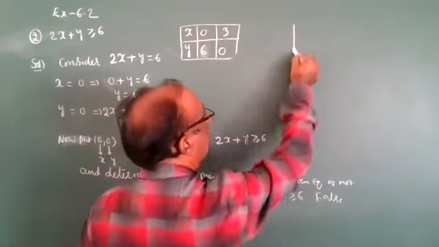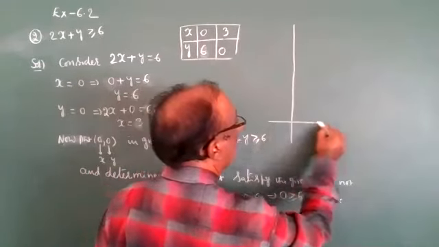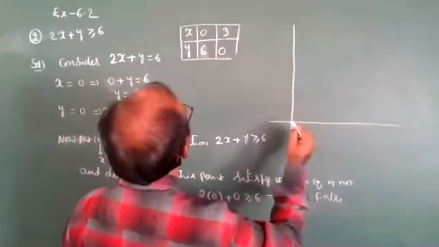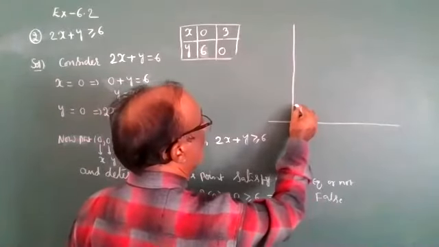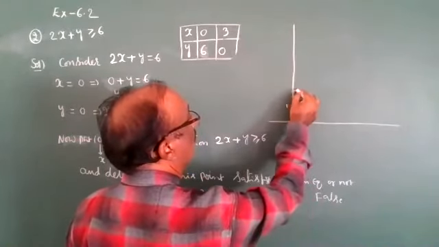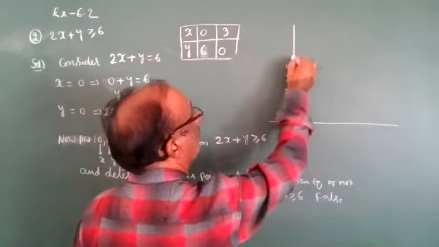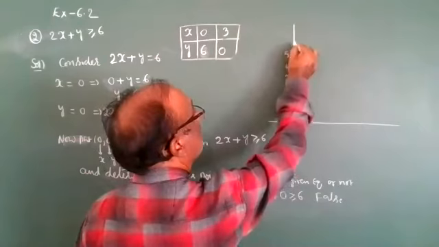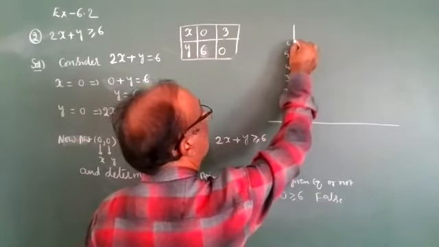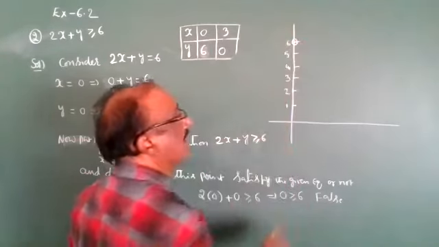Immediately everyone draw the figure. So x is 0, y is equal to 6: 1, 2, 3, 4, 5, 6. This is the point on the y-axis.